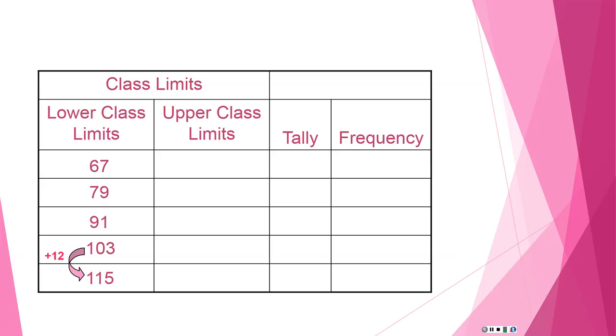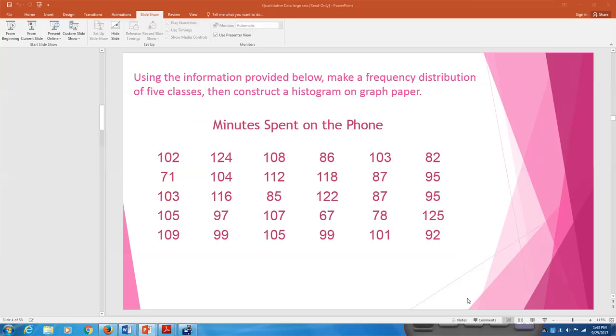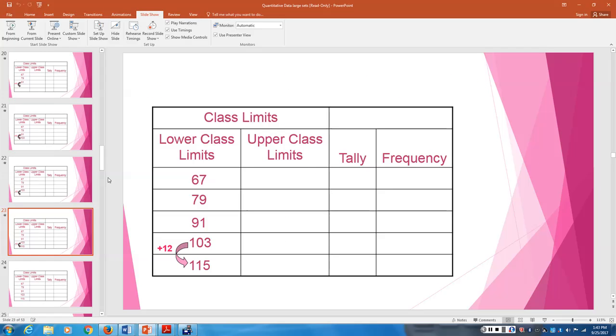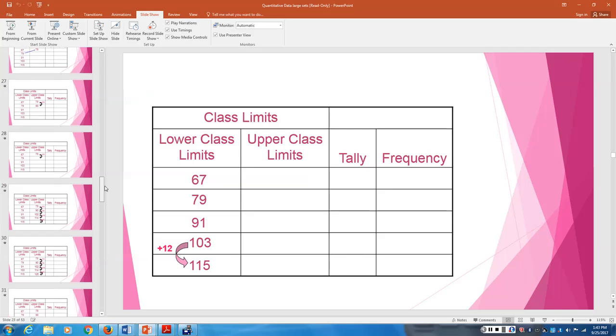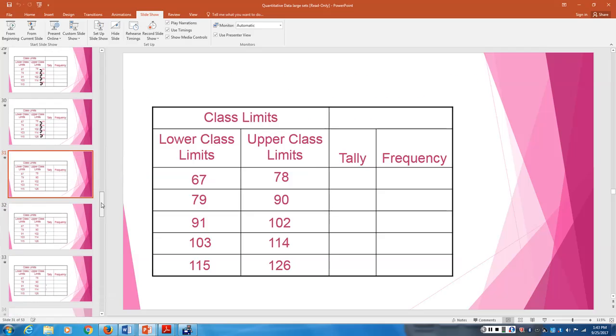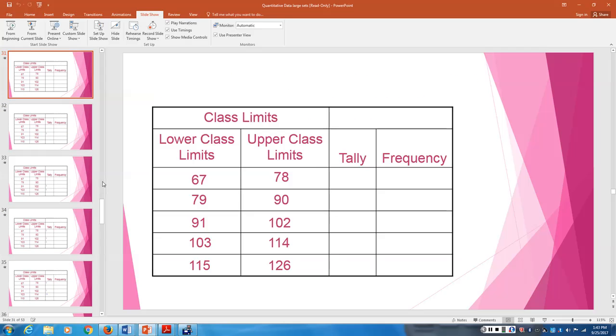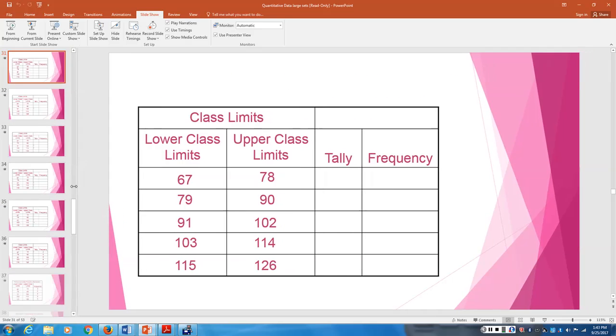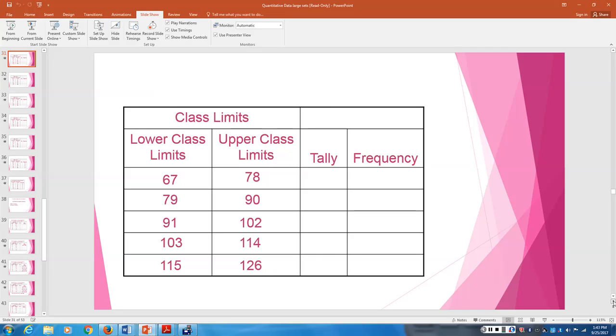So I'm going to kind of cut to the chase a little bit, since we've already done this, and this is just review. We're going to get our upper class limits the same way. And then we're going to go through those numbers and count.